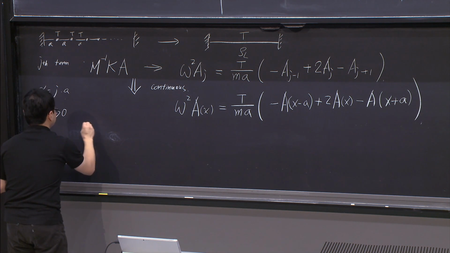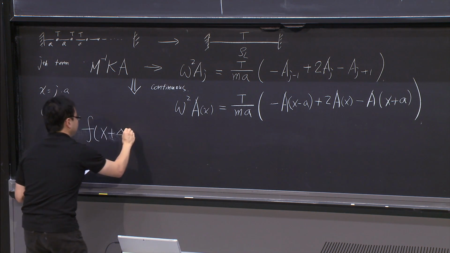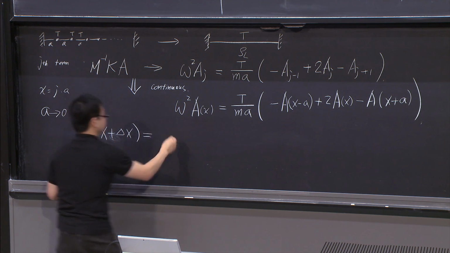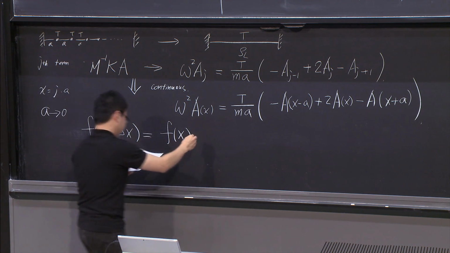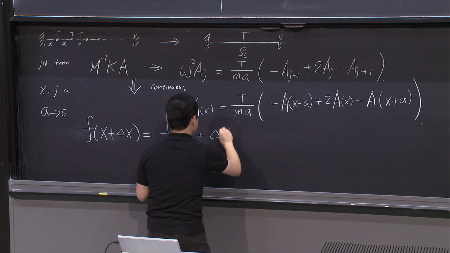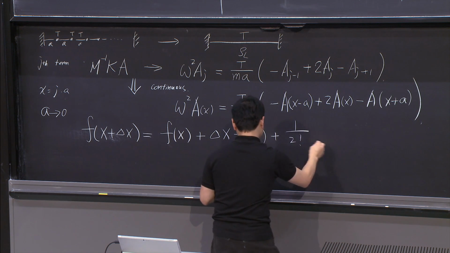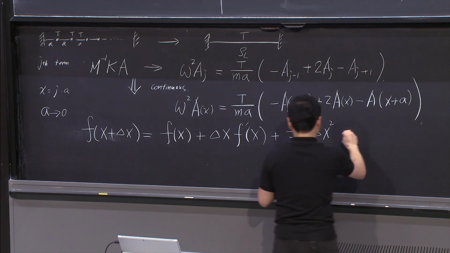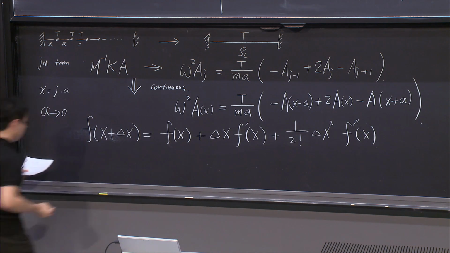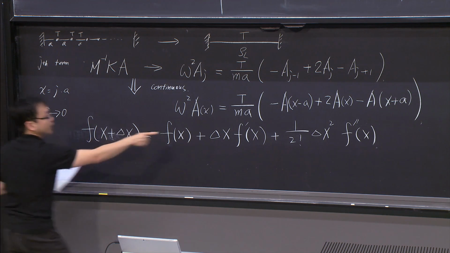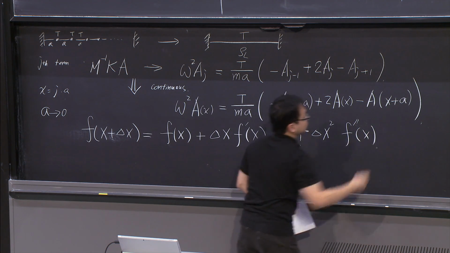I can now use Taylor series for f(x plus delta x). Just a reminder, if you do a Taylor expansion of this, you are going to get f(x) plus delta x f prime(x) plus 1 over 2 factorial delta x squared f double prime(x). So now I can do a Taylor expansion of A(x minus a) and A(x plus a).